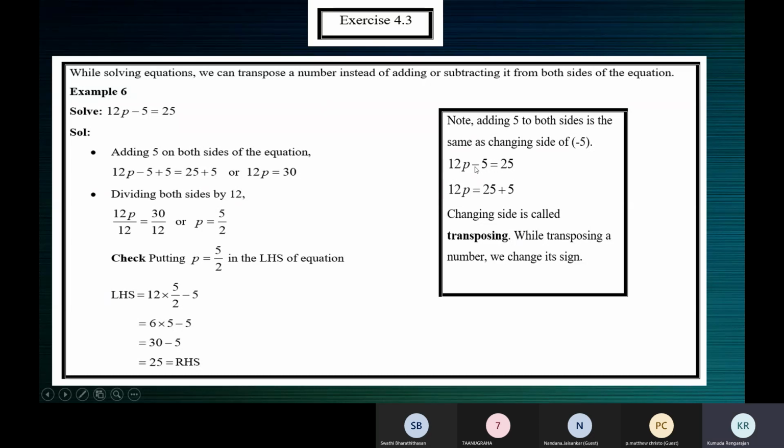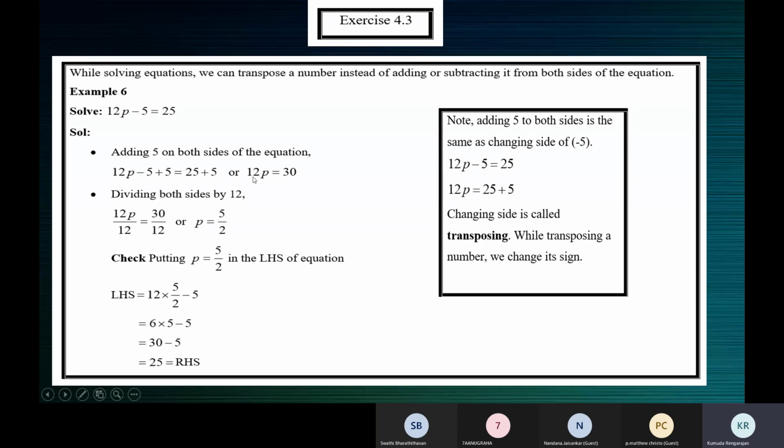Now, when minus 5 from the left-hand side is transposed, or taken to the right-hand side, we just write the opposite sign. So minus 5 goes to the other side as plus 5. And that's what we got, no? Even when we added 5 to both the sides, that's what we got.